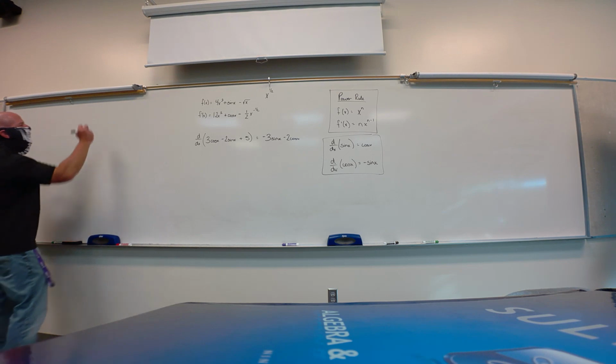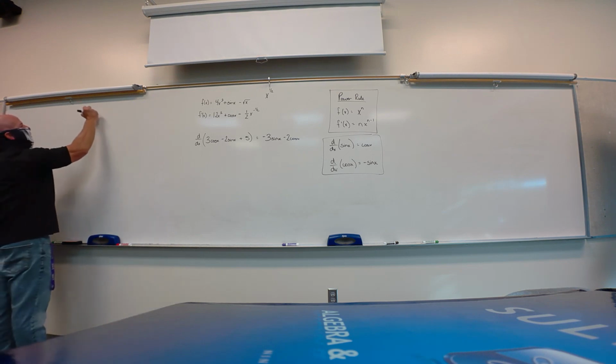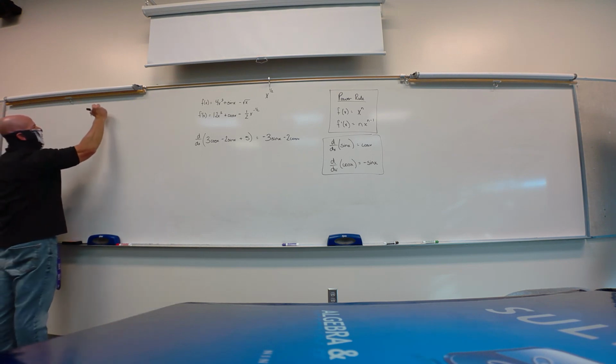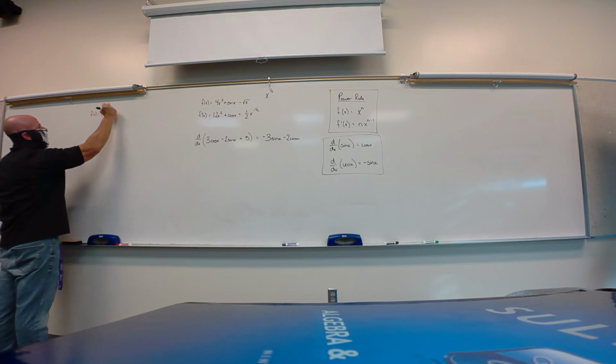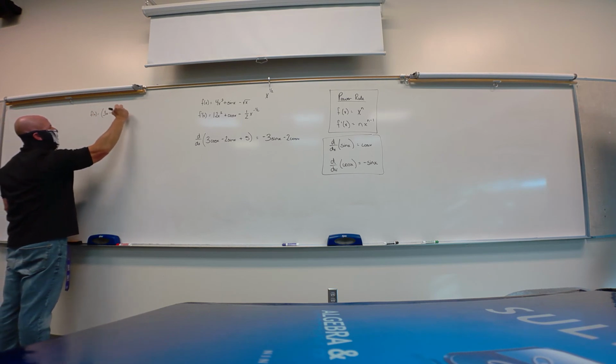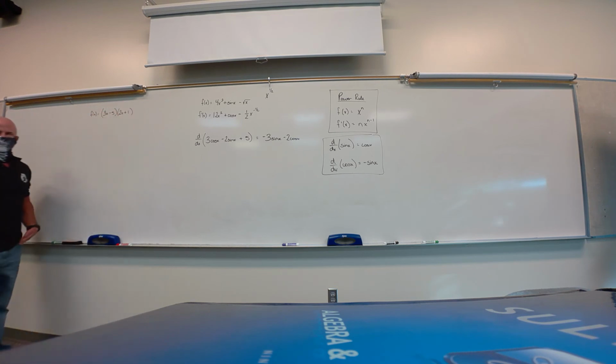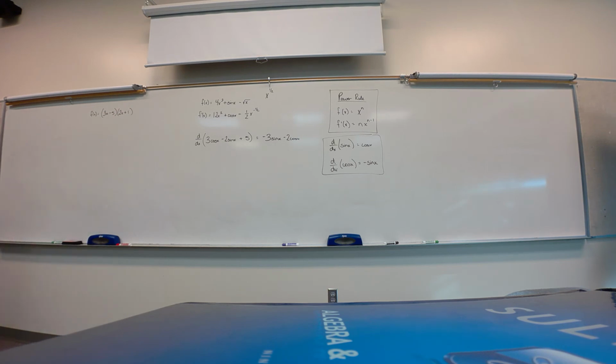If I gave you this, look, derivative of 3x minus 5 times 2x plus 1. The 3 rules that you are supposed to get down are a power rule, the sine, and the cosine. That's a product. That's not a power rule. It's definitely not a sine or a cosine. Everybody agree?